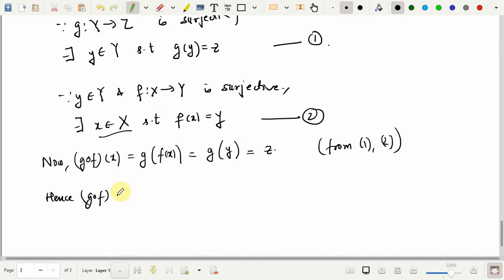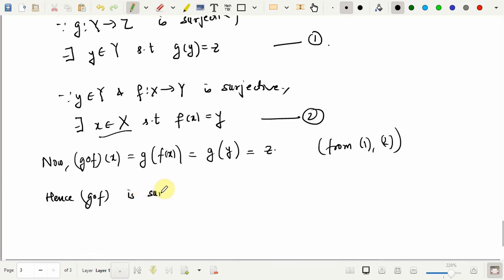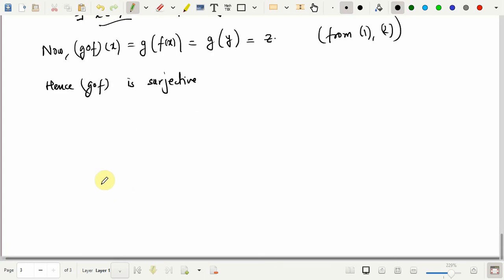Hence we say that this g composite f is surjective. And combining both these results, g composite f is a bijection if f and g are bijections. So that third one just follows from 1 and 2.